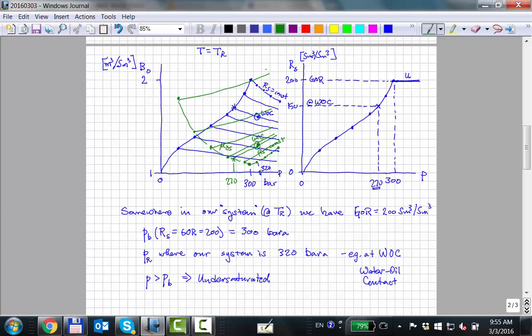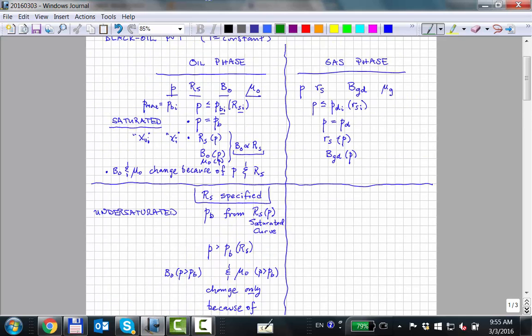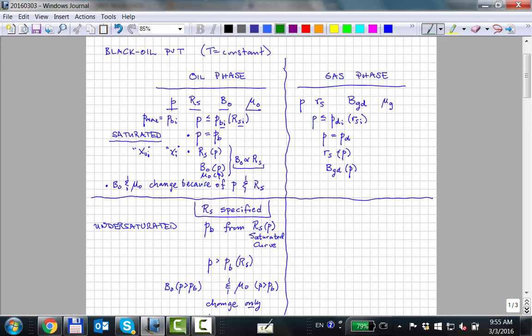So the undersaturated tables is kind of a set of tables. There's a little table for each oil that you had up here in that saturated table. So if you got 10 saturated pressures, then you need 10 little tables in the undersaturated part of the table.